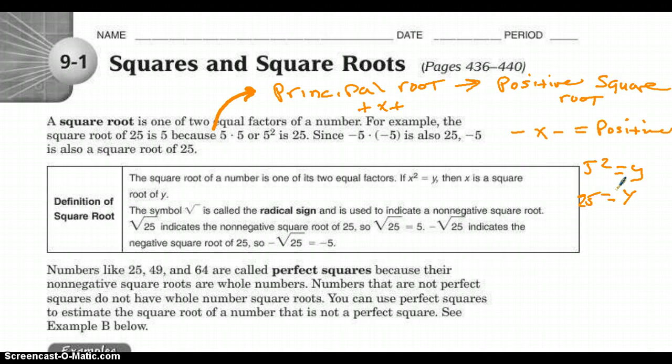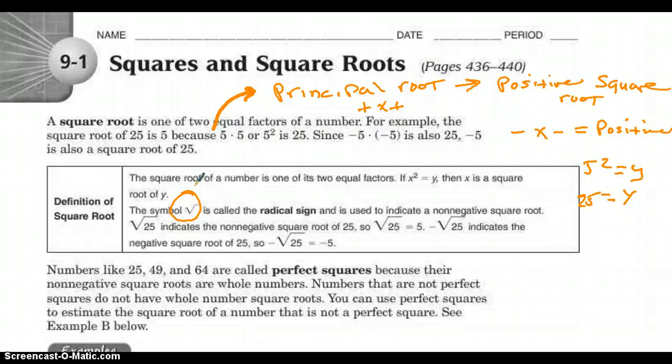The symbol that they sit under, which is this particular symbol, is called a radical sign, and it's used to indicate a non-negative square root or the principal square root. The square root of 25 indicates that the non-negative square root, or the principal square root, in this case is 5.